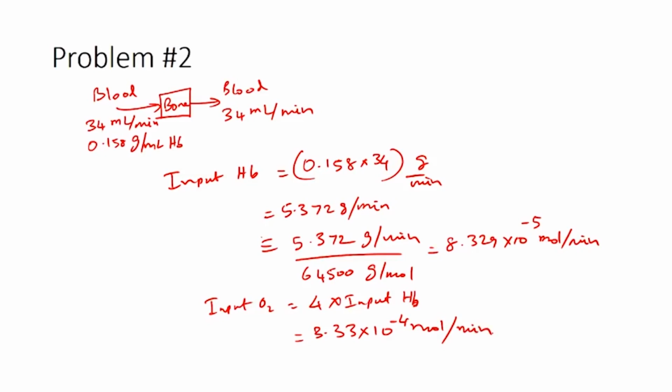We also need to calculate the amount of oxygen which is consumed, so that we can calculate the amount of oxygen which would be leaving the system. The oxygen consumed has been given to us as 4 times 10 power minus 2 milligrams per second. Converting this to milligrams per minute, it would be equal to 2.4 milligrams per minute.